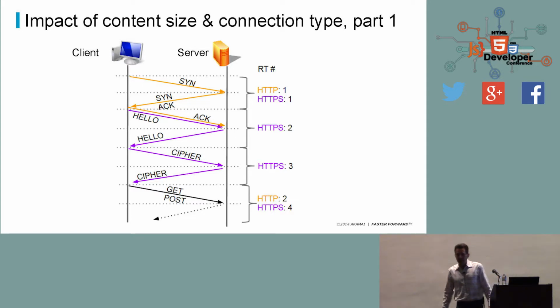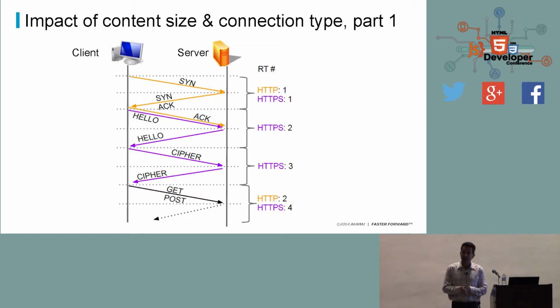So going back to the parameters that I said matter the most, this is the typical diagram, and you've probably seen it. For people who are fairly new to TCP concepts, this is how it works. When the client initiates a connection, there is a synchronization happening, if it's HTTP. So there's already one round trip where the client and the server say, okay, we understand that we're going to exchange information.